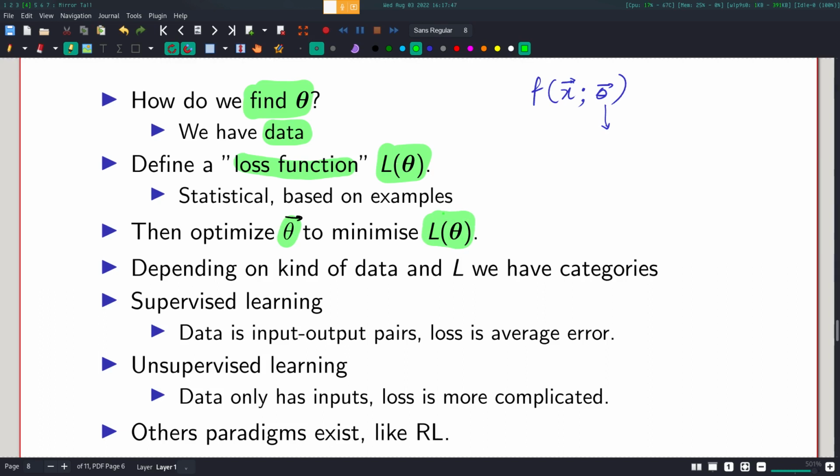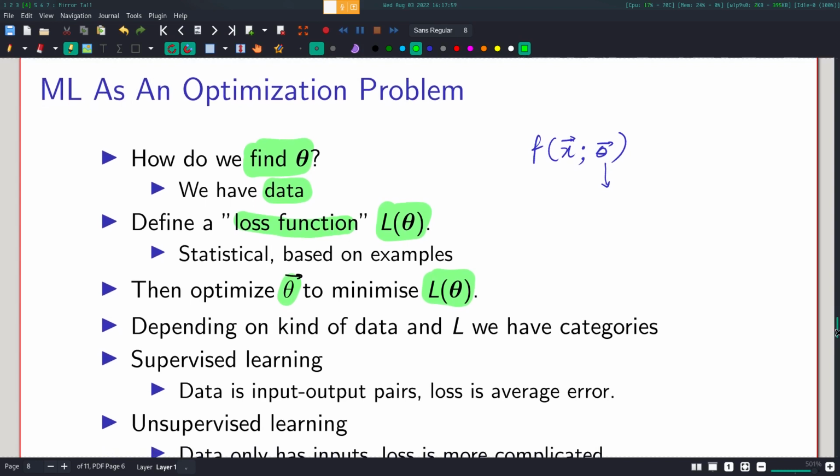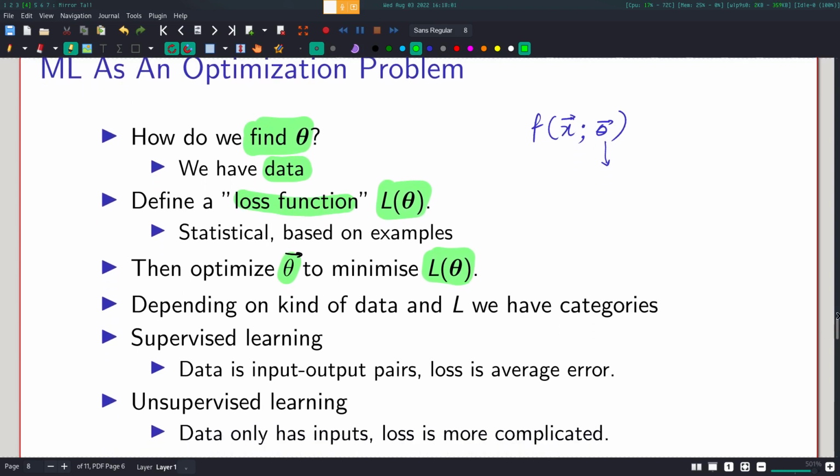So they frame this entire problem of finding a good function as an optimization problem. So machine learning algorithms almost always reduce things to an optimization problem, right? The entire idea is to somehow find this loss function which characterizes the way we want our f to behave, and then try and minimize it, or find a good theta that minimizes that, right?